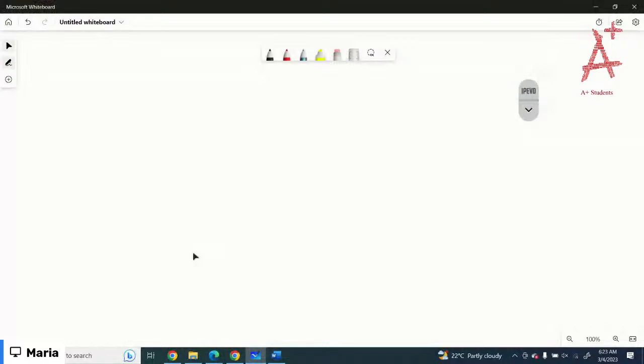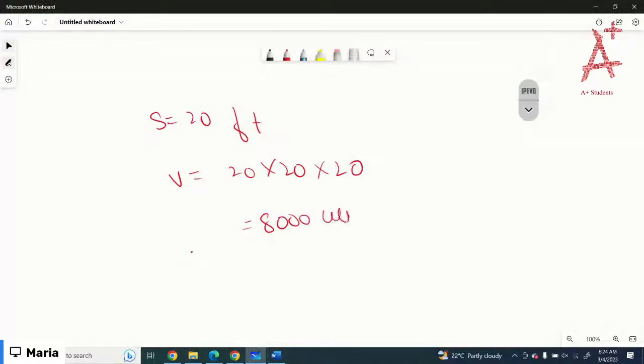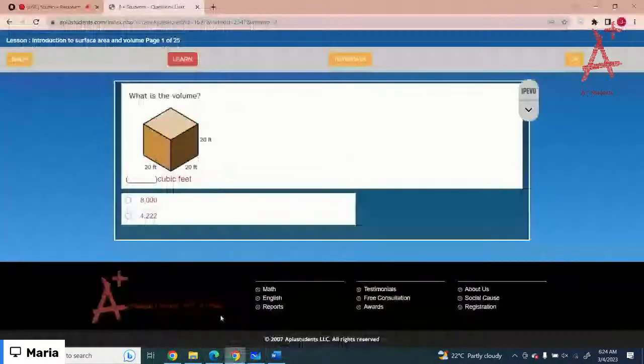So it is 20 times 20 times 20. So it would be 8,000 cubic feet. Got it? So the surface area is 8,000 cubic feet. Got it?